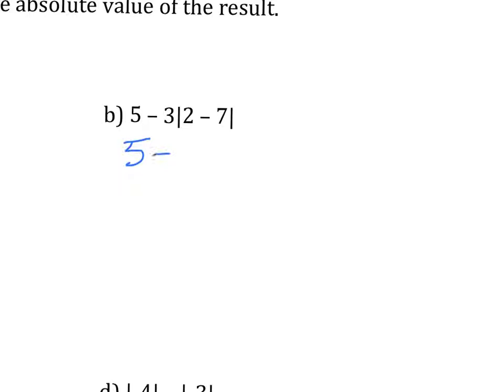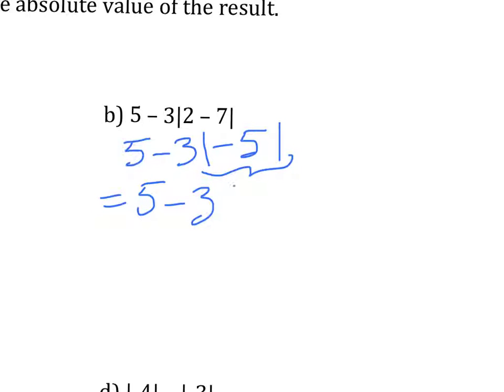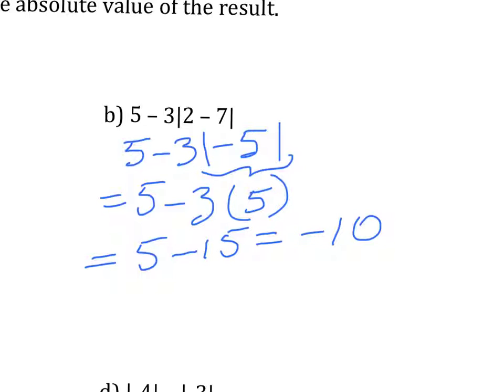So it's going to be 5 minus 3, and then in the absolute value, that ends up being -5. And if we evaluate the absolute value right here, that ends up being +5. So now we've got 5 minus 3 times 5. And we've got 5 minus 15, which ends up giving us an answer of -10.